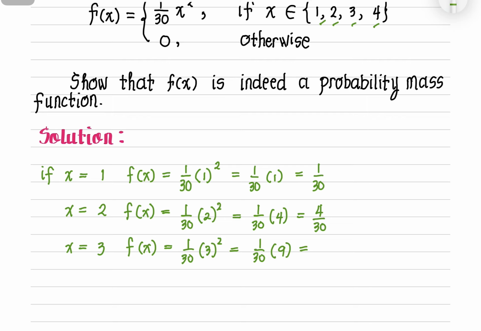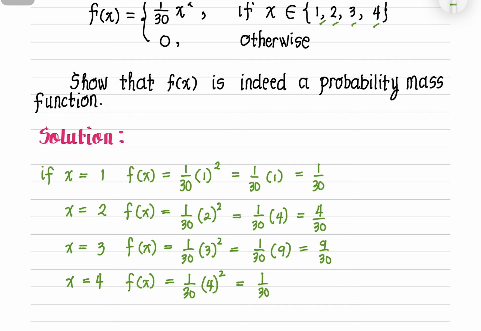And then again simplify. So 1 over 30 times 9, that gives us 9 over 30. Or pwede pang reduce, it will become 3 over 10. And then last, we have x is equal to 4. So f of x equals 1 over 30 times 4 squared.